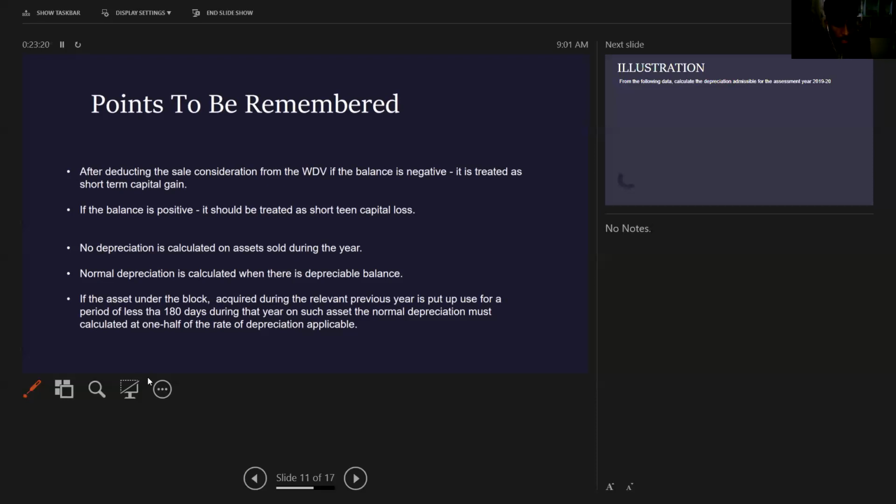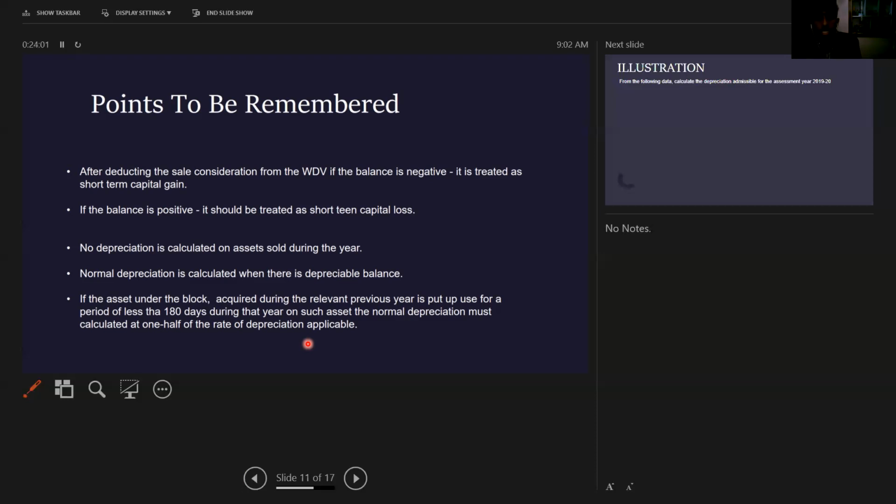If the asset under the block acquired during the relevant previous year is put to use for a period of less than 180 days during that year, on such an asset, the normal depreciation must be calculated at one half of the rate of depreciation applicable. For example, if you're purchasing an asset in December 2019 and the financial year ends in March 2020, the period of use of the asset is only 3 months, which is less than 180 days.